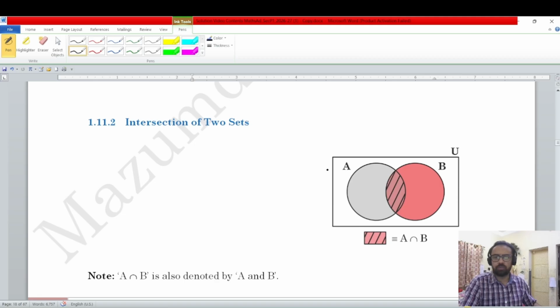Next concept is intersection. Intersection of two sets. Intersection means common.